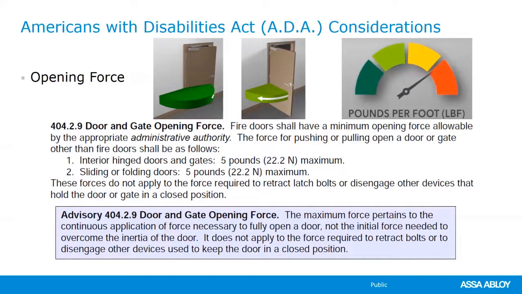We need to unlatch the door, open the door beyond its latching area. So remember, the latching valve only kicks in around 7 degrees or so. So we unlatch the door, we open it to where the door would start engaging into its sweep area, and that's where we check for the 5 pounds.